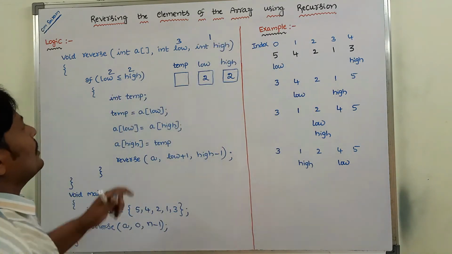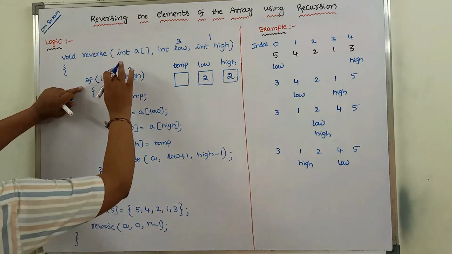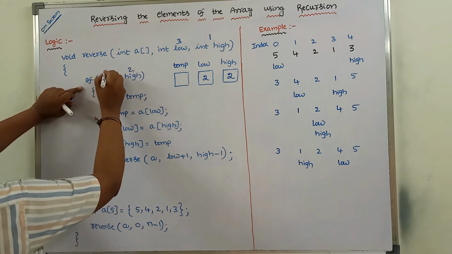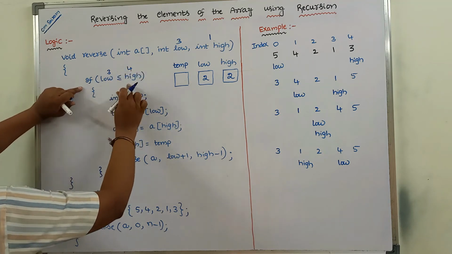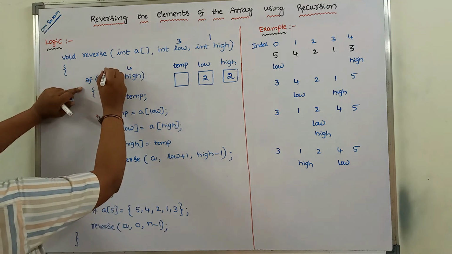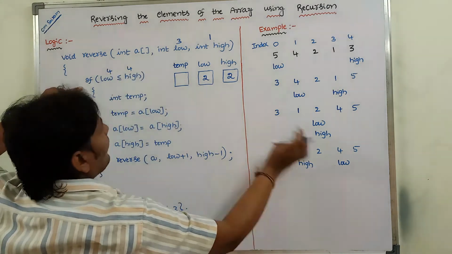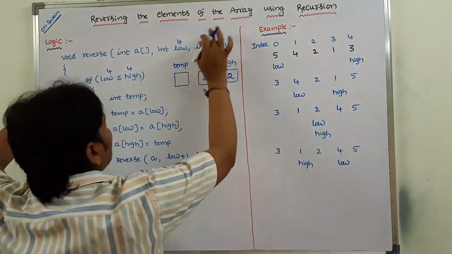Now the control goes to the body of the function. The low value is 3 and the high value is 1.